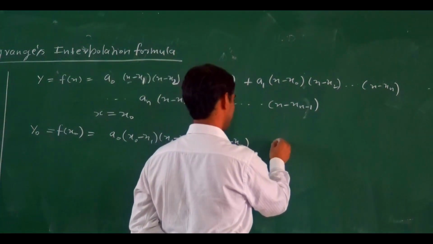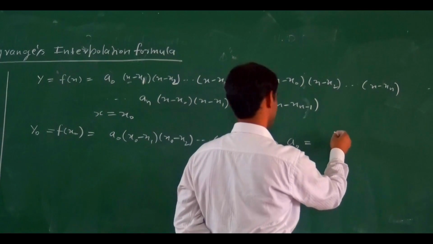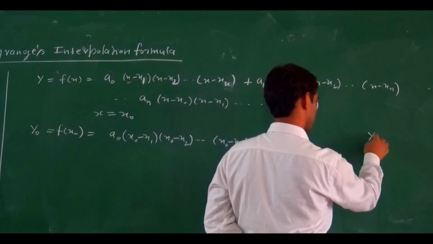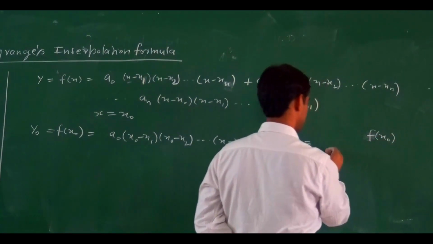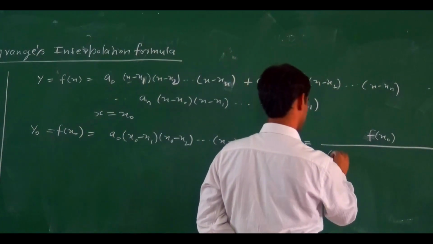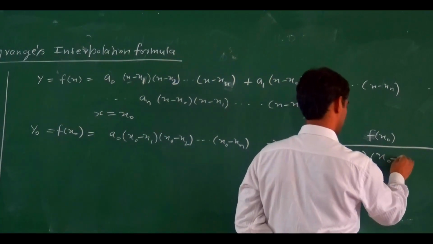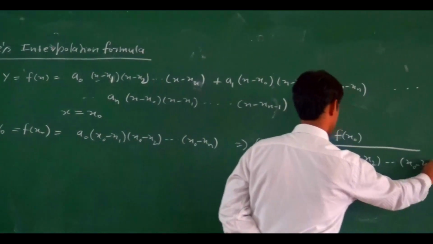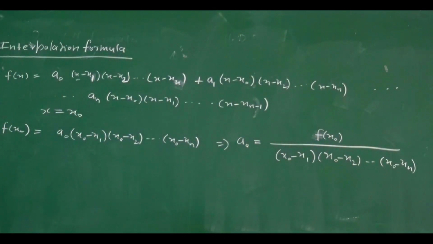The value of a0 becomes y0, or f of x0, divided by x0 minus x1, x0 minus x2 up to x0 minus xn. This is the value of a0.